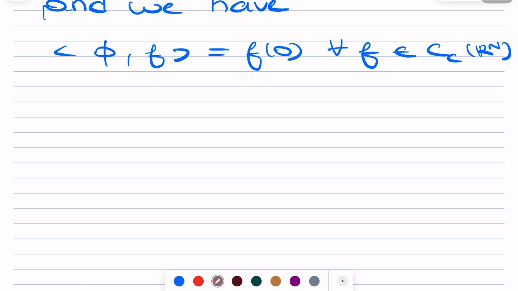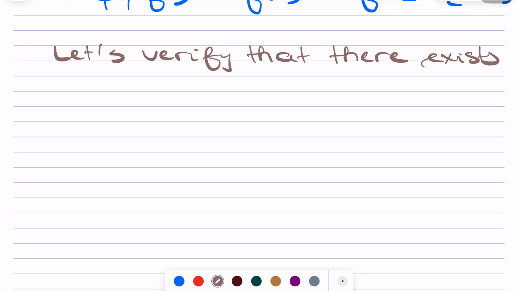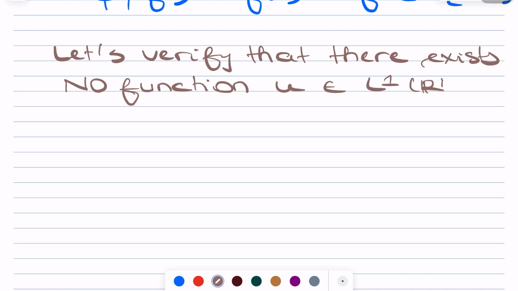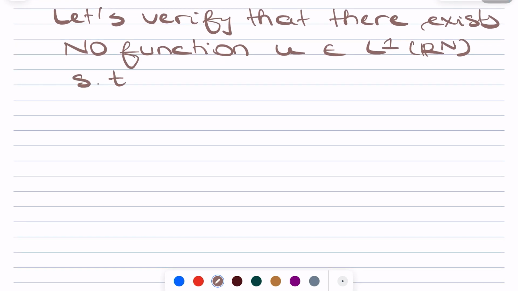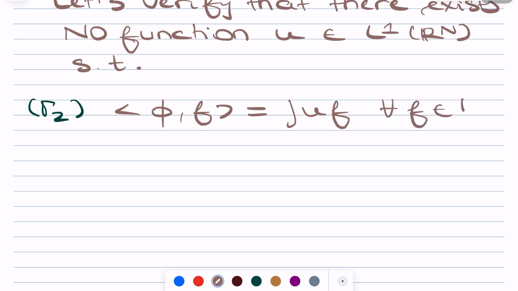Now what we are trying to do is to verify that there exists no function u in L1 of Rn such that, we call it gamma 2, the integral of u f equals phi of f for all f in L infinity.